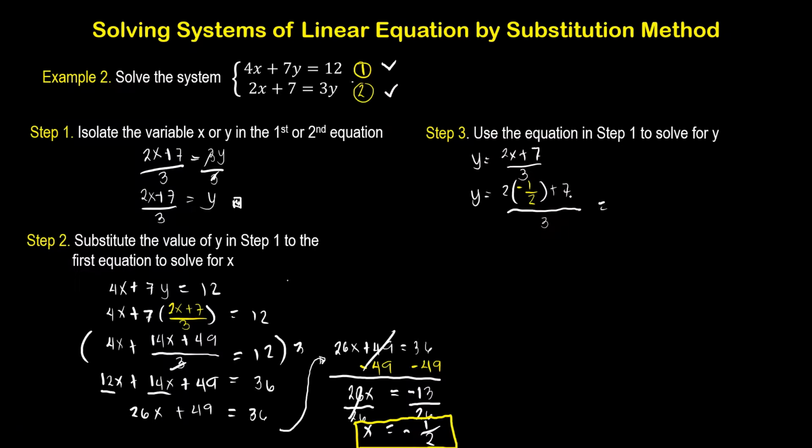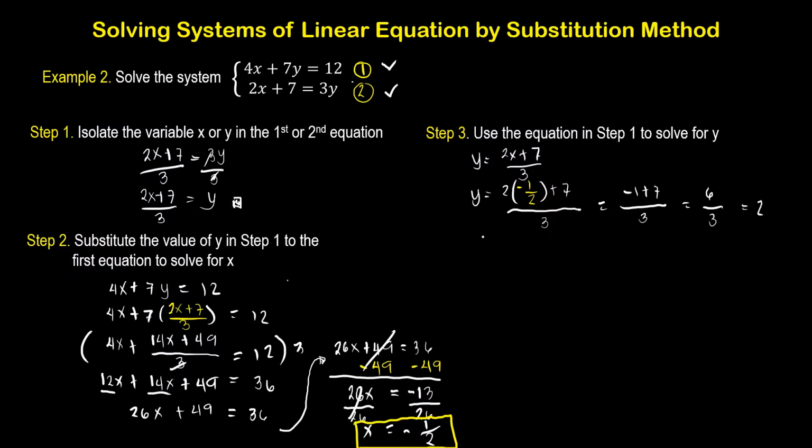Let's simplify this. 2 times negative 1/2 is just equal to negative 1. Then plus 7 over 3. So, this is equal to negative 1 plus 7, which is positive 6, over 3. Simplifying, 6 divided by 3 is equal to 2.